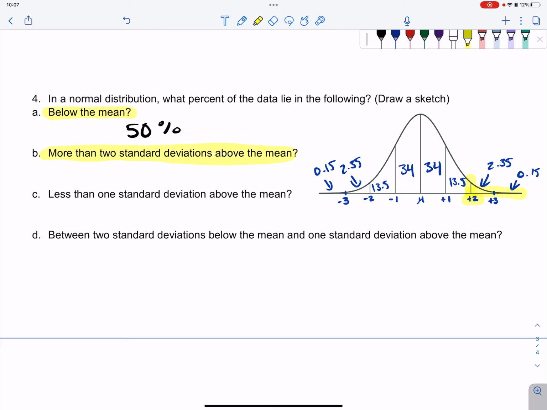So that's giving us these 2 top regions of our picture, which are labeled as 2.35% plus our 0.15%. Now we can add those together, and this gives us that 2.5% lies more than 2 standard deviations above the mean.